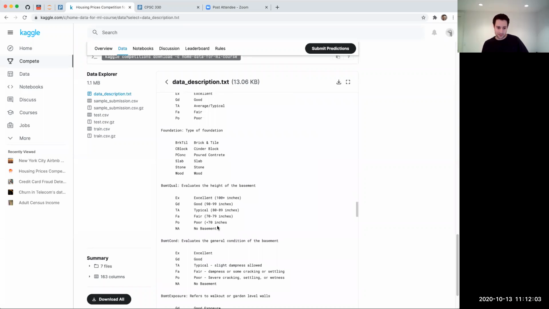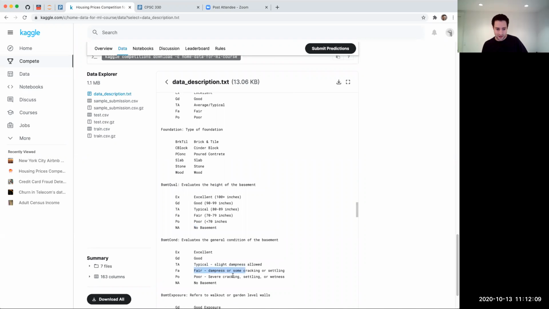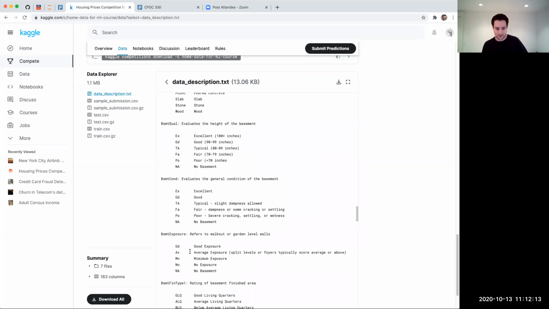Yeah, so there's basement quality, there's no basement. This one seems to have an extra, oh no, that's all the same. I think I remember some of them were a bit different. Yeah, so this one is using different encodings like good, average, and so on.